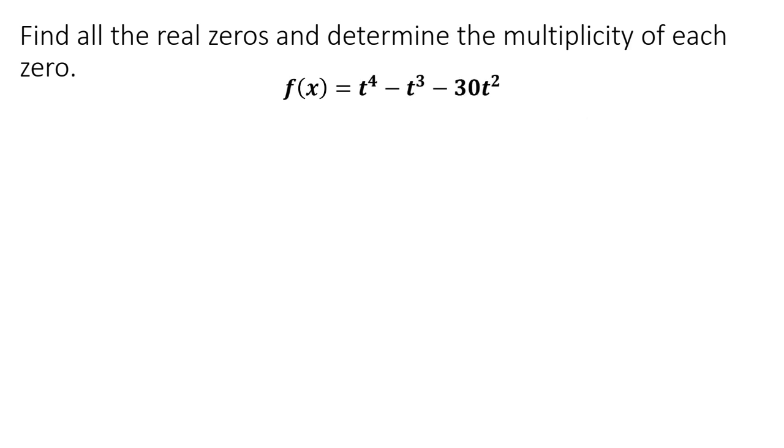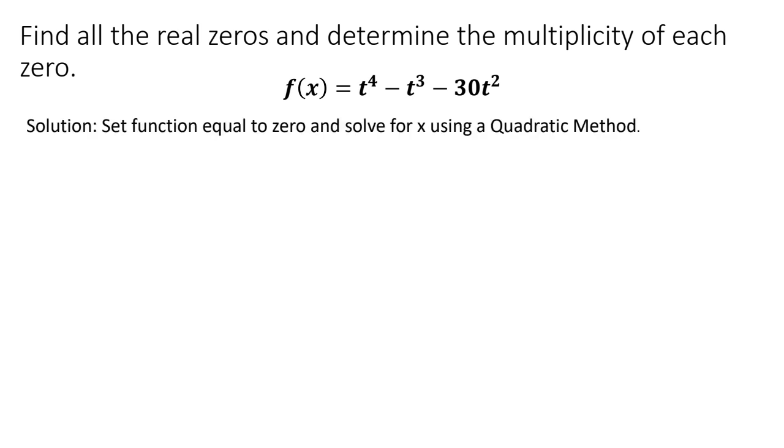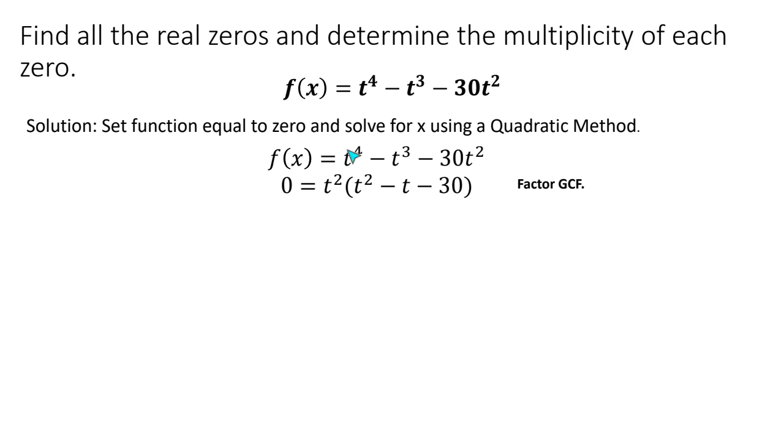Let's try another one. Here, t to the 4th minus t cubed minus 30t squared. It says to find the zeros, so first, I need to set it equal to 0. I notice t to the 4th, t cubed, and t squared all have at least two t's in common.